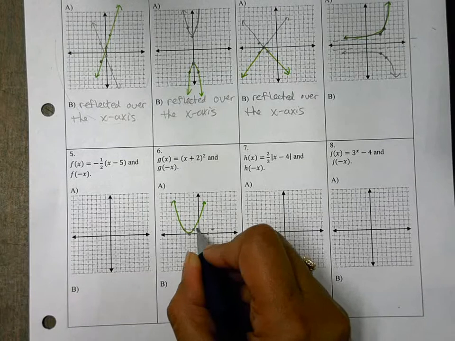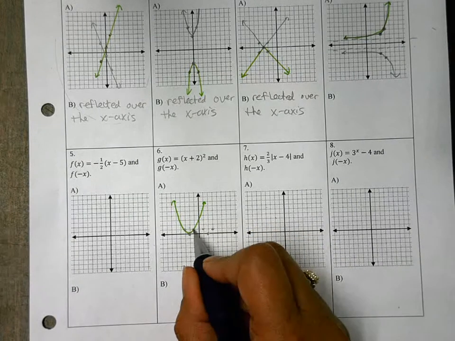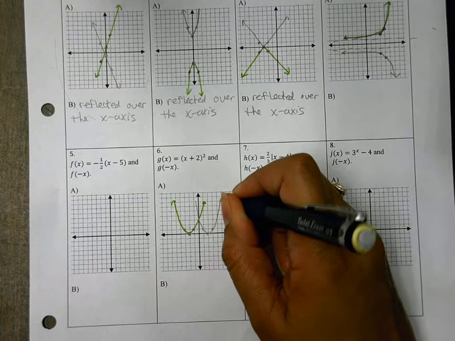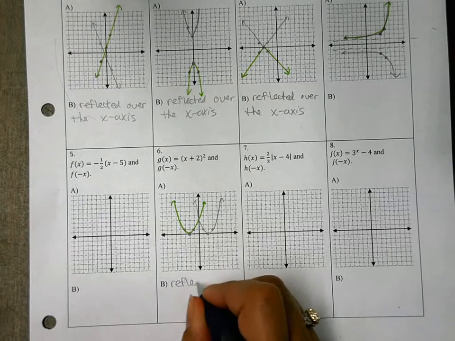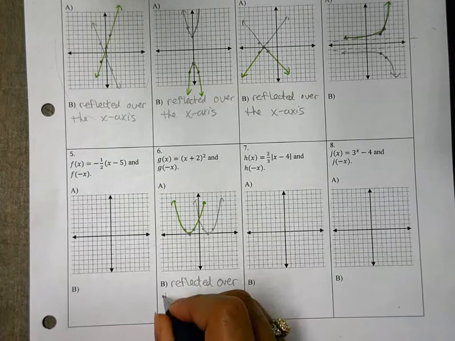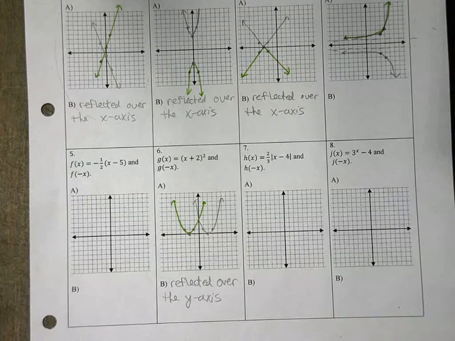This one is 1 away, so I'm going to go 1 away in the opposite direction. So I just flipped over, and make my graph. And it is reflected over the y-axis. And you can try these 3 on your own, and then we'll check them together in class.